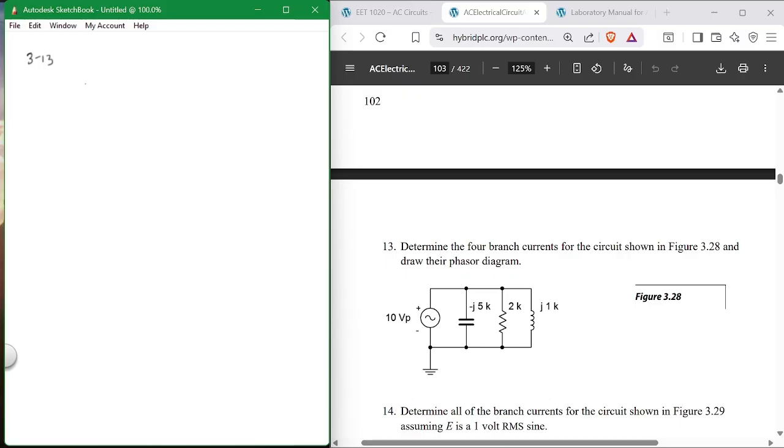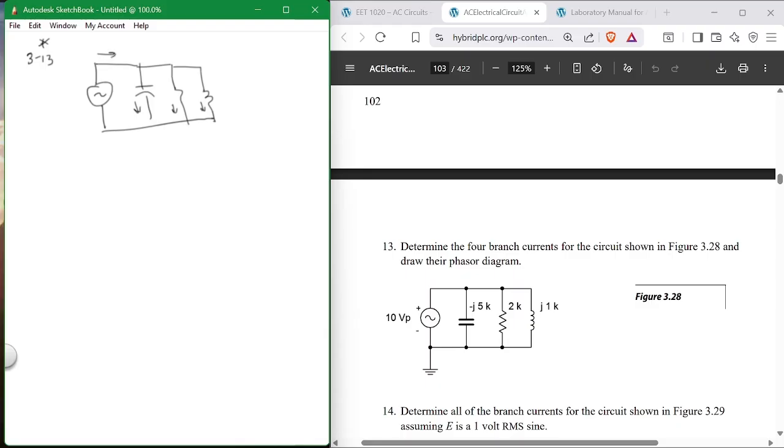So how do you build a test in a course like this? You take 1 problem or 2 problems from each chapter, and this would be the star question from chapter 3 right here. Okay, what are the 4 currents? Well, you've got the current through the capacitor, the current through the resistor, the current through the inductor. You got here, you got here, you got here, and you got here.